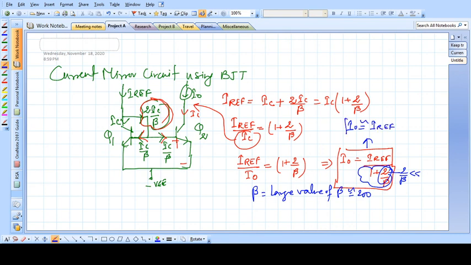So this one is the simple BJT current mirror circuit. We are just making the same current in this circuit: I ref is nearly I naught.